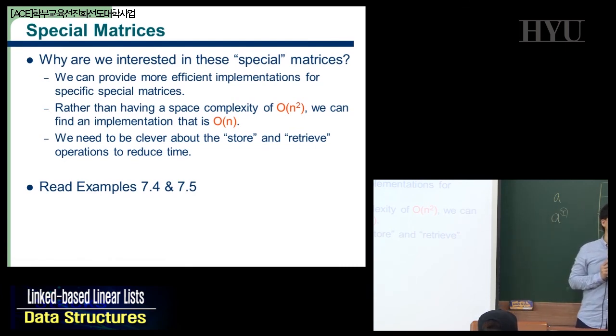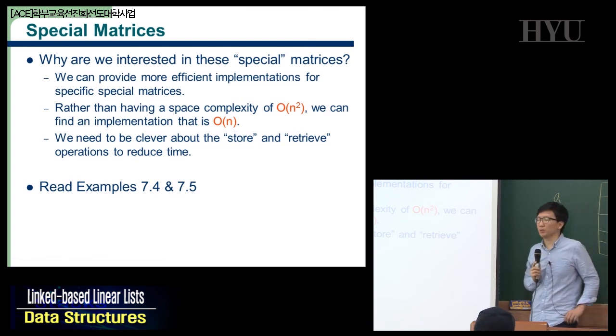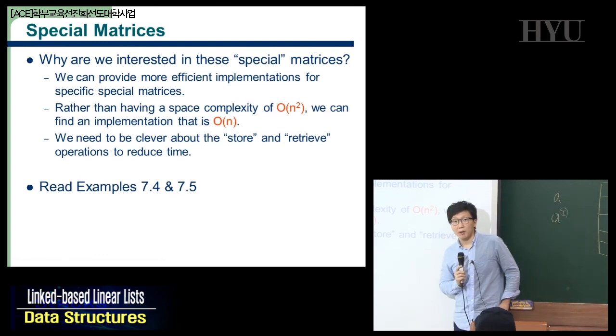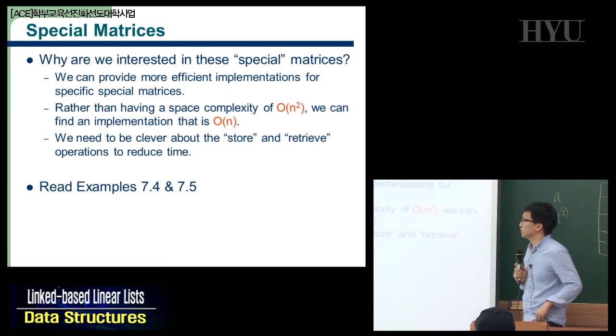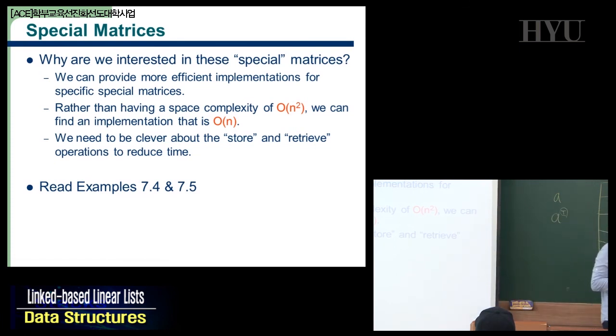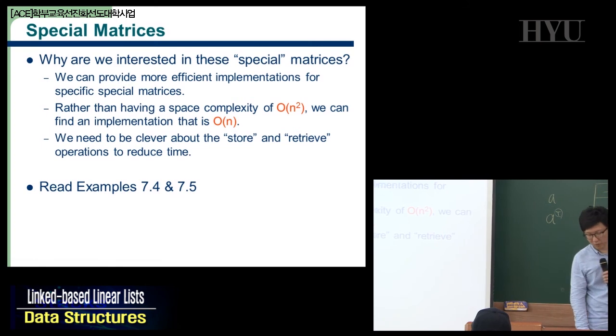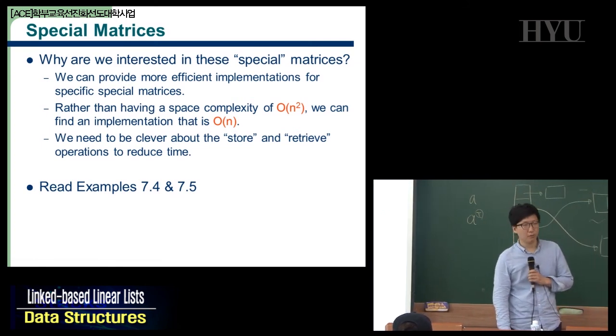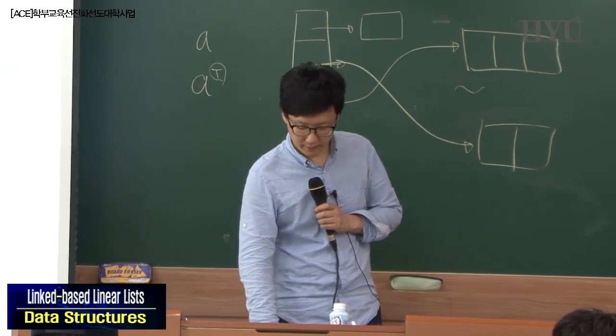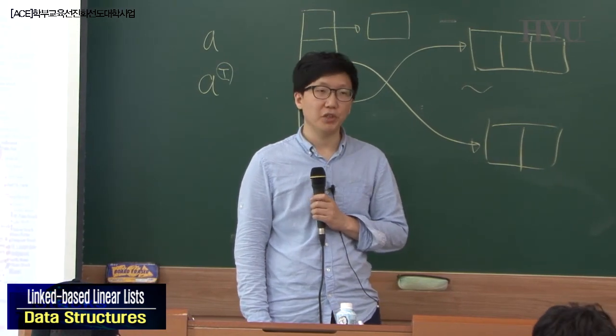Next time someone asks me what is the element in ji, I know it's the same as ij, maybe returning the same values because we're dealing with symmetric ones. Those are radical examples, but it's just one example. It's about smart store and retrieve operations. Hopefully we can reduce computation time, memory access time to be more exact. Read example 7.4, 7.5. I'm not going to read it for you.